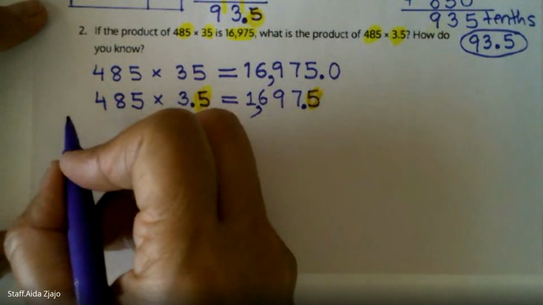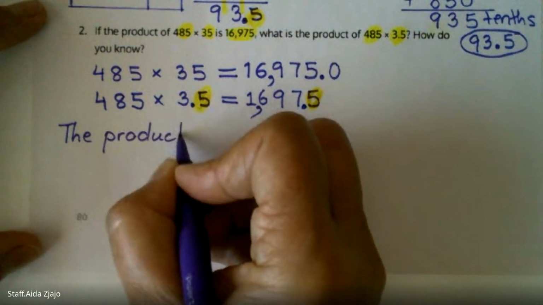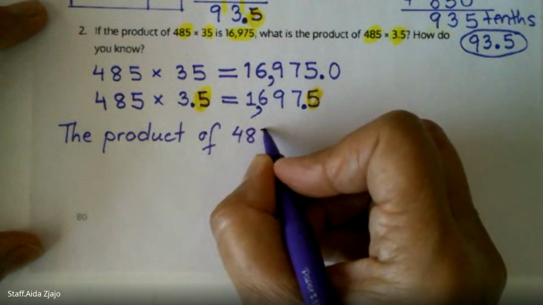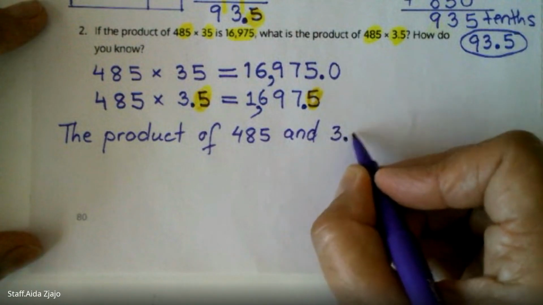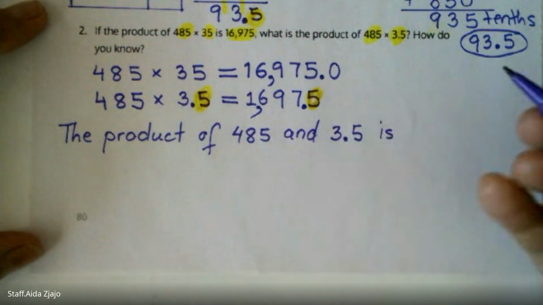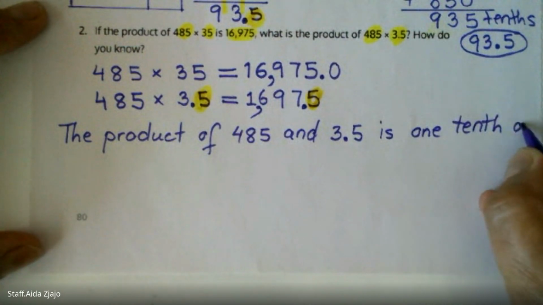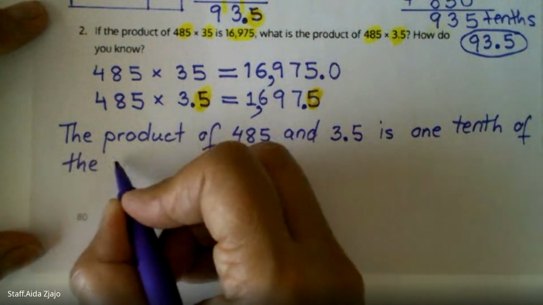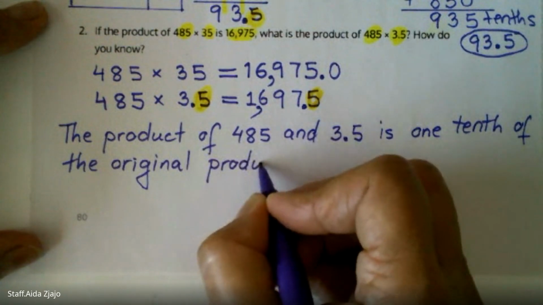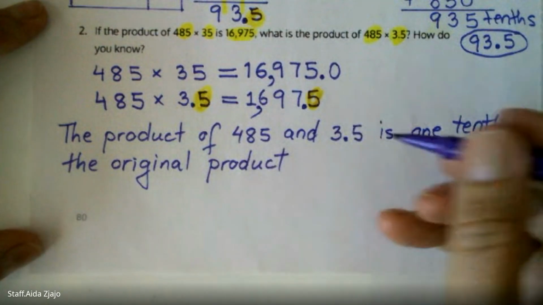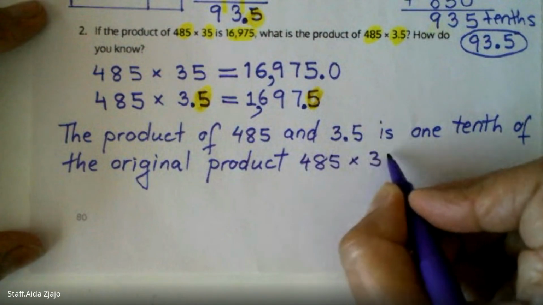Let me see, how do I know? The product of 485 and 3 and 5 tenths is 1/10 of the original product, which was 485 times 35.